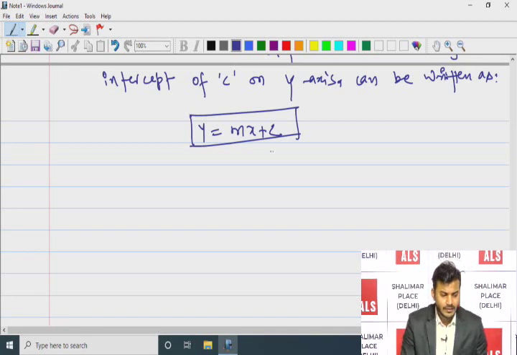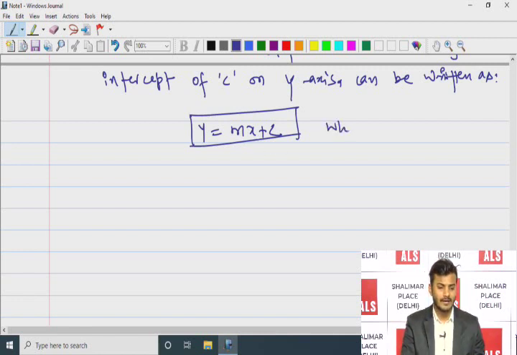Now let's understand. We know what m is already, right? What is the significance of m mathematically, graphically, all the way. Now what is c? Of course, mathematically it is a constant. c is a constant. It is not multiplied with either x or y, right? It is simply a constant c. It can have any value, any real number, 1, 2, 0, minus values, plus values, all of that.